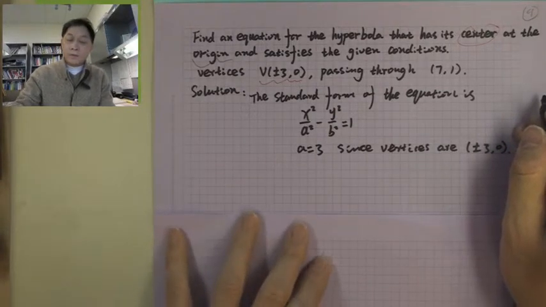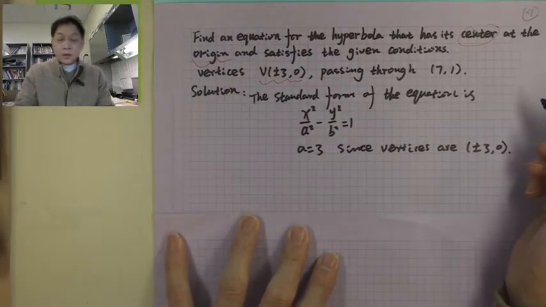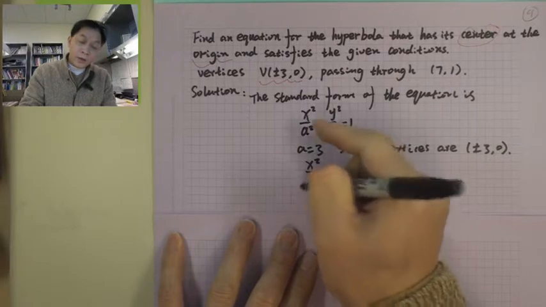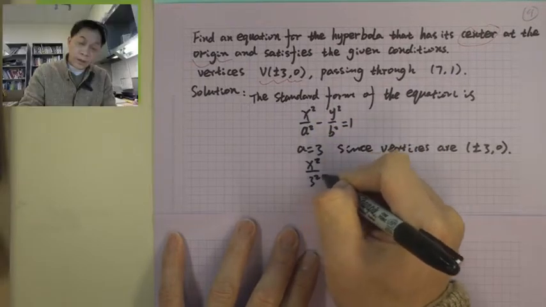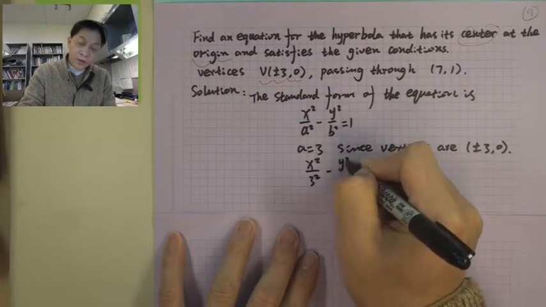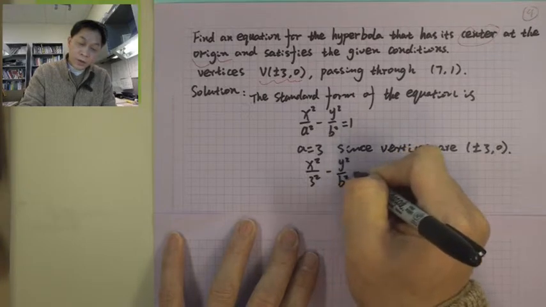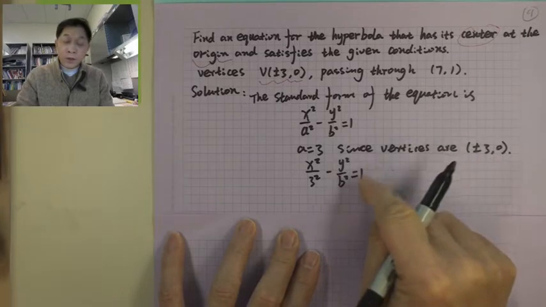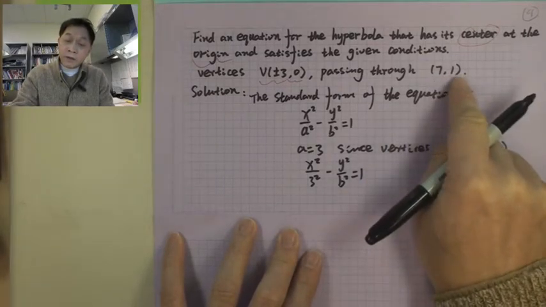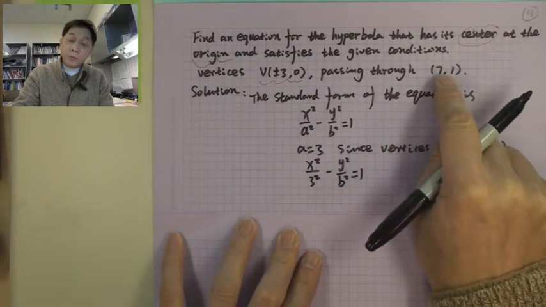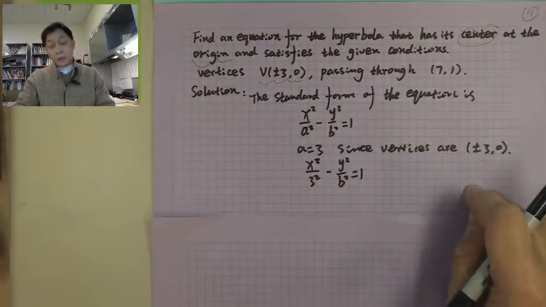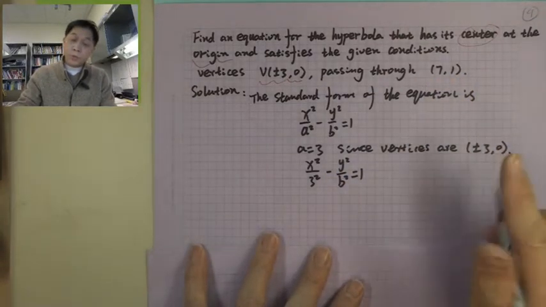Now, what you can do is put a into the equation, and then you have y squared over b squared. Since this hyperbola passes through (7, 1), you put (7, 1) into the equation, and that is going to be true.